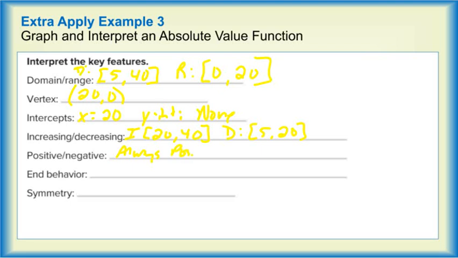End behavior: as x increases or decreases, our y approaches positive infinity. And then is there symmetry? There is symmetry when x equals 20. That is our lesson on absolute value functions.